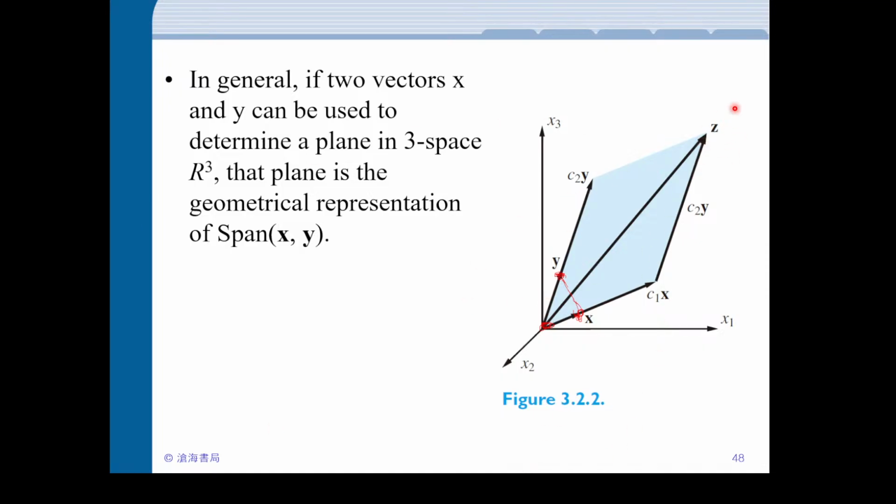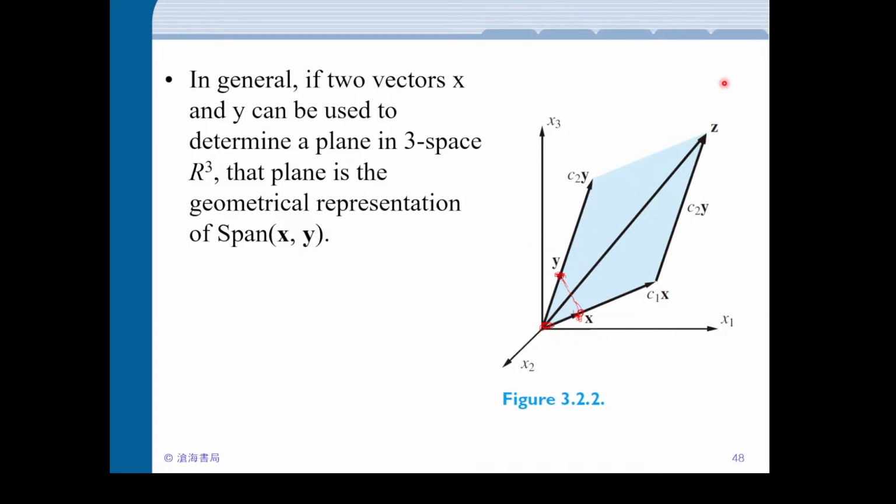So for example, we have some z that's c1 times x plus some c2 times y. Then z can be written as c1x plus c2y, but c1x is on this plane, and c2y is on this plane, so the sum is still on this plane.